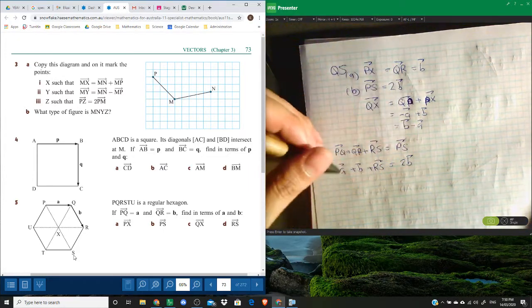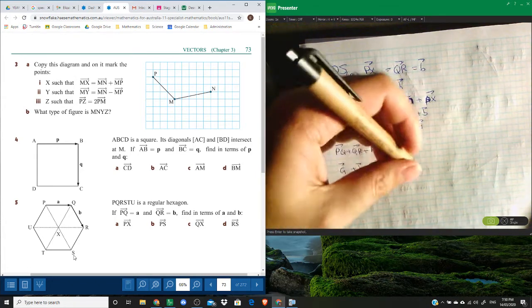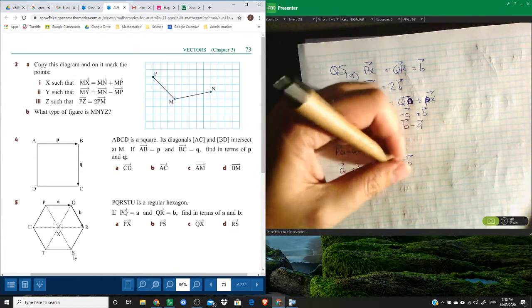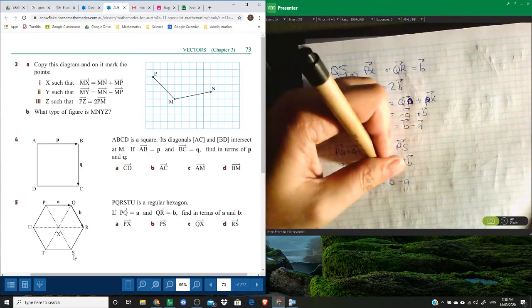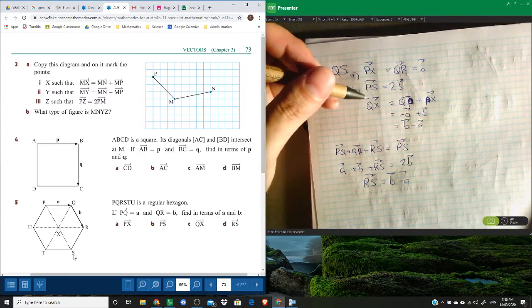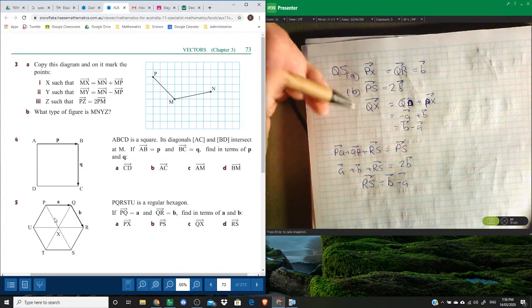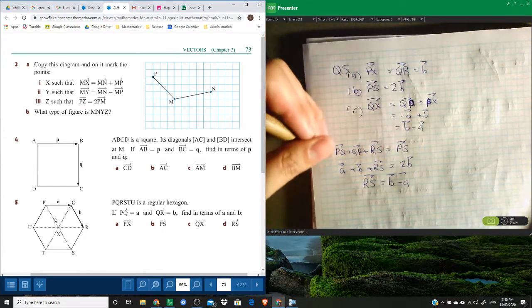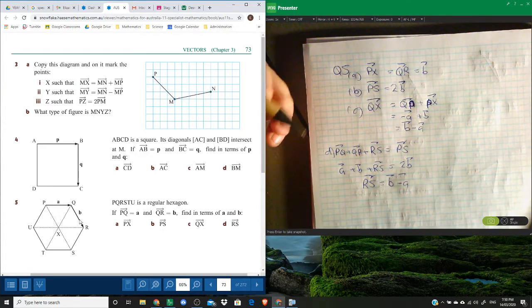If I bring those across, RS can be written as minus A, so B minus A. Now, is that right? Oh yeah, that makes sense as well. That's the same as the answer for part C, which makes sense. They're supposed to be parallel. Well, there you go. We found it by different means.